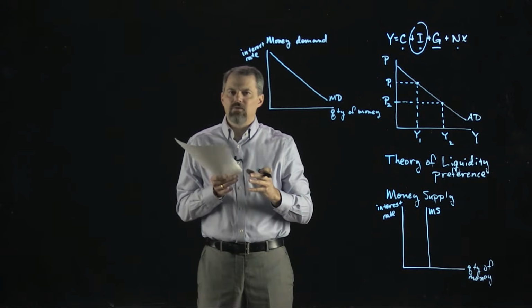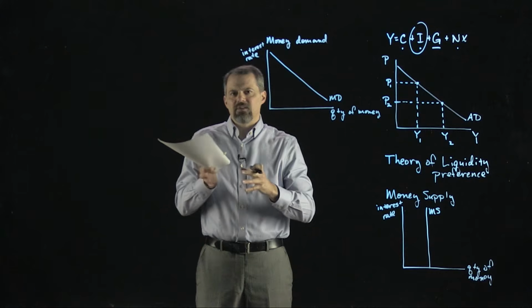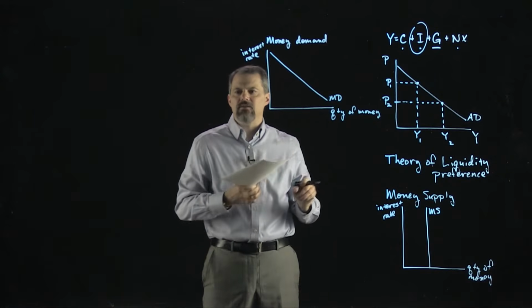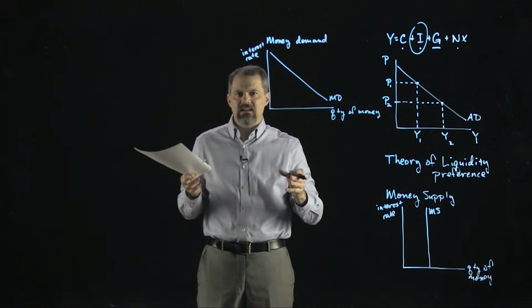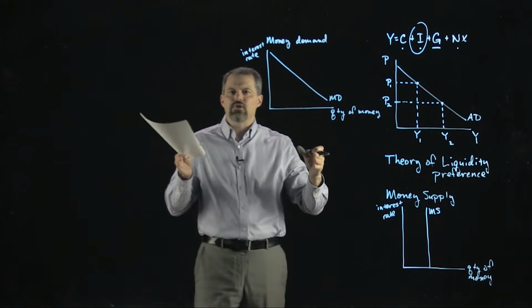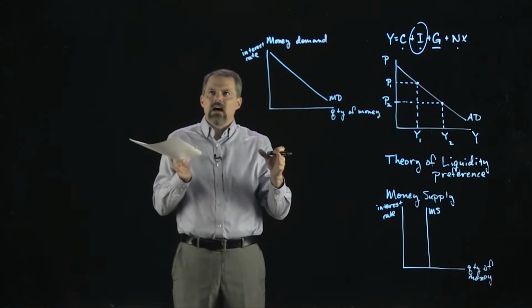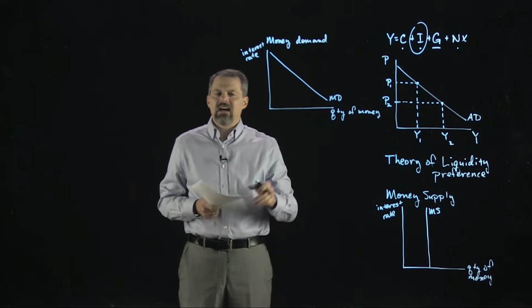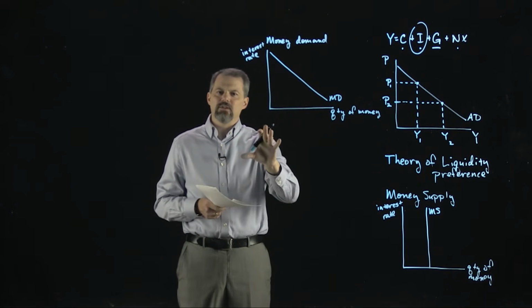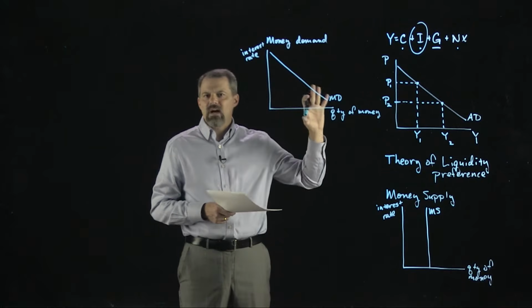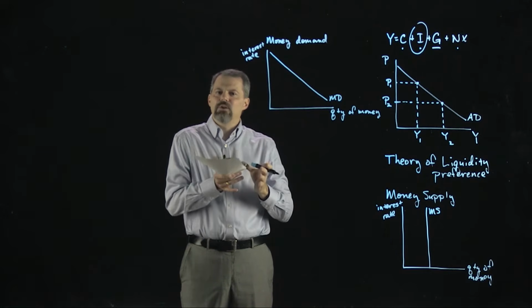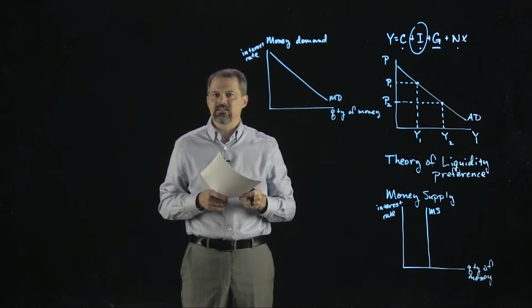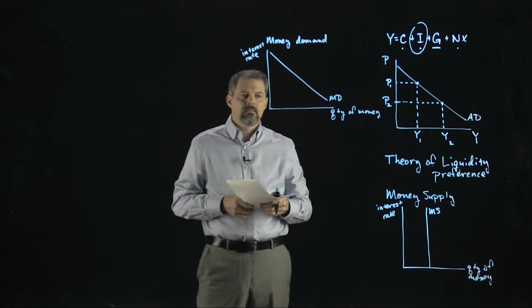You could hold wealth by buying a house and taking care of it, or buying land, or buying stocks and bonds, or buying other assets. And all of these assets are going to have different measures of liquidity. A house is extremely illiquid. You can't go and buy groceries with a house, but it can have a very high real rate of return compared to other assets as long as you take care of it.